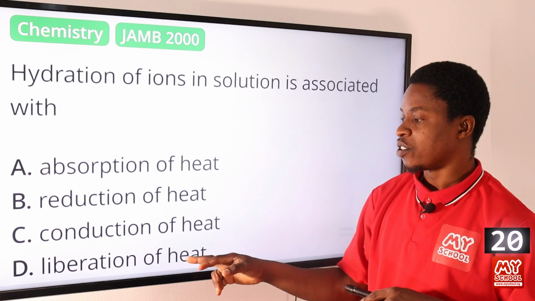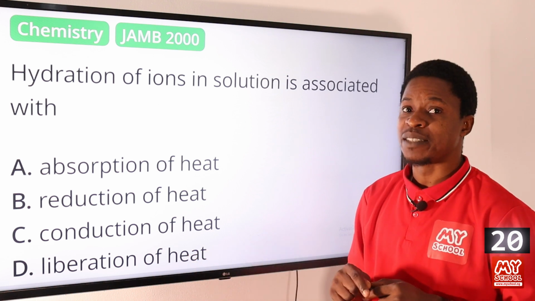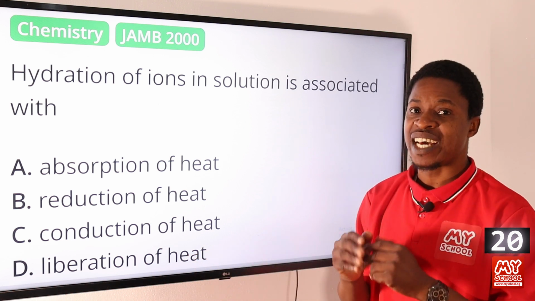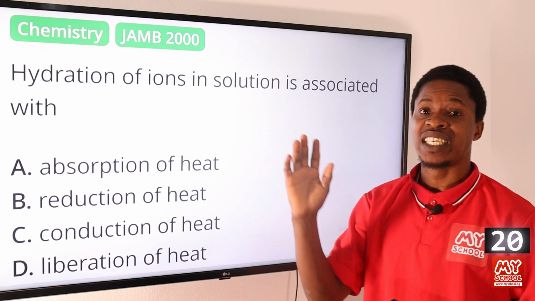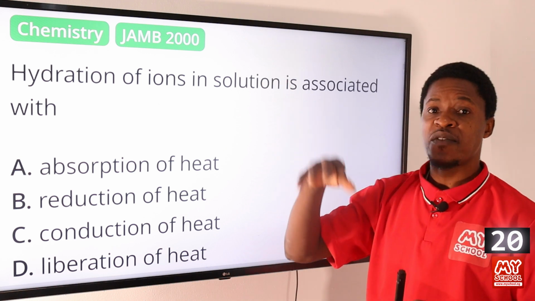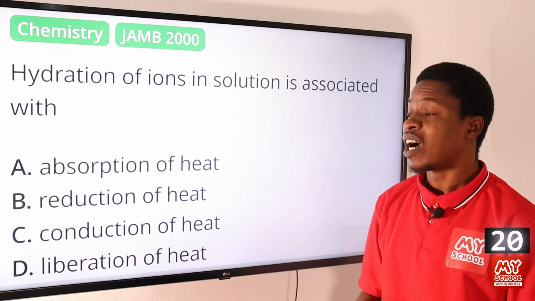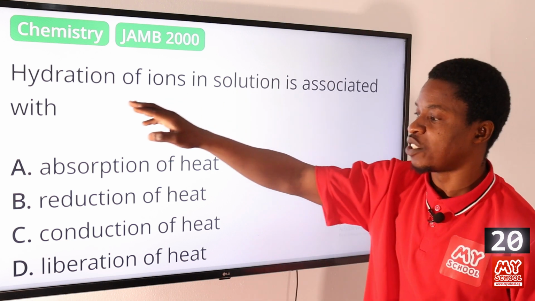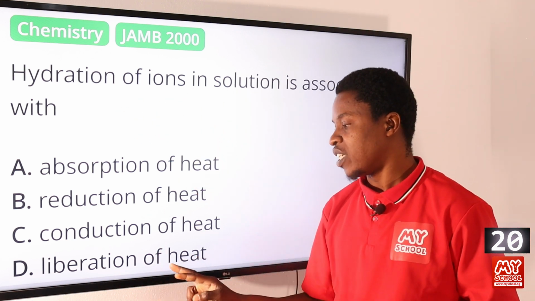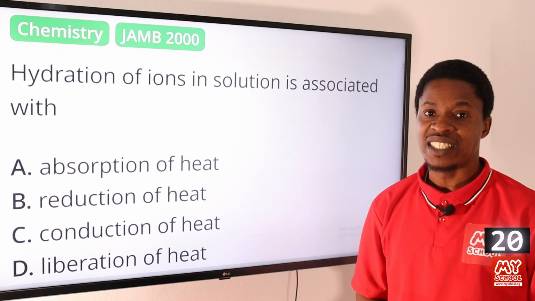But liberation of heat, heat will be liberated because it is an exothermic reaction. In an exothermic reaction, heat is released, given off from the system into the surrounding environment. So hydration of ions in solution is associated usually with liberation of heat. So option D is the correct answer.